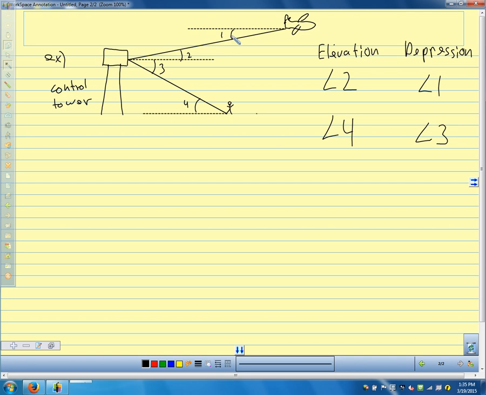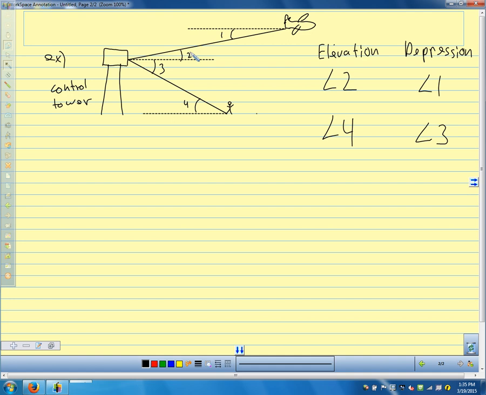So how might we describe angle 2? The angle of elevation from what to what? Where does the angle start? The control tower.